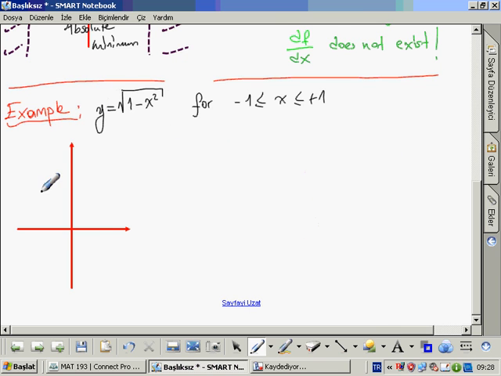We know that this is a half circle. This part is plus 1 and this part is minus 1, and this is plus 1 again, for this function.